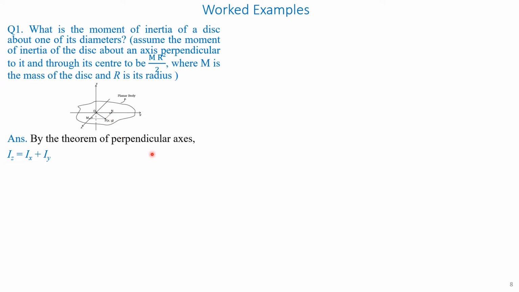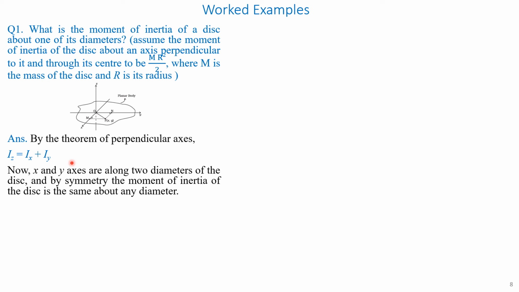By the theorem of perpendicular axis, which was given in the previous slide, Iz is equal to Ix plus Iy. Now x and y are along two diameters of the disk, and by symmetry the moment of inertia of the disk is the same about any diameter.